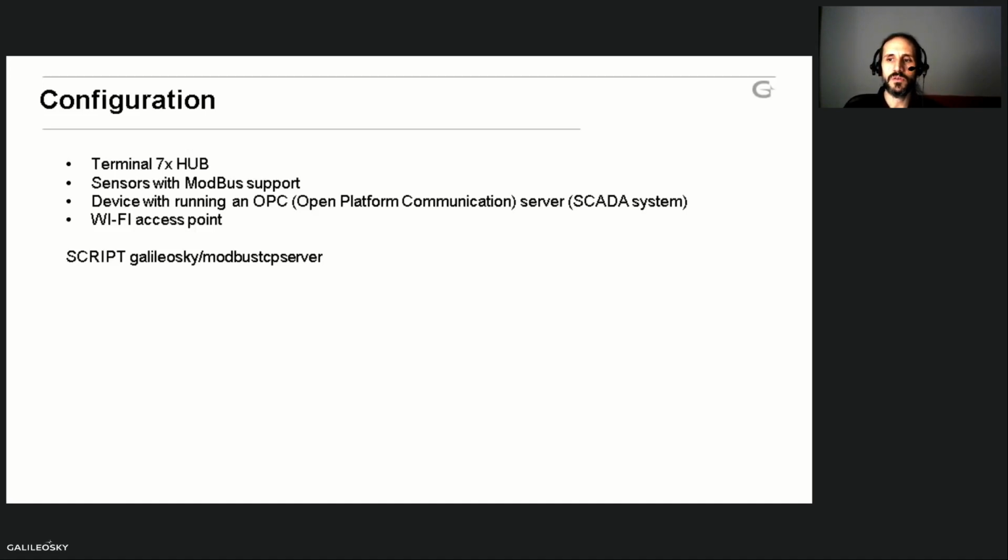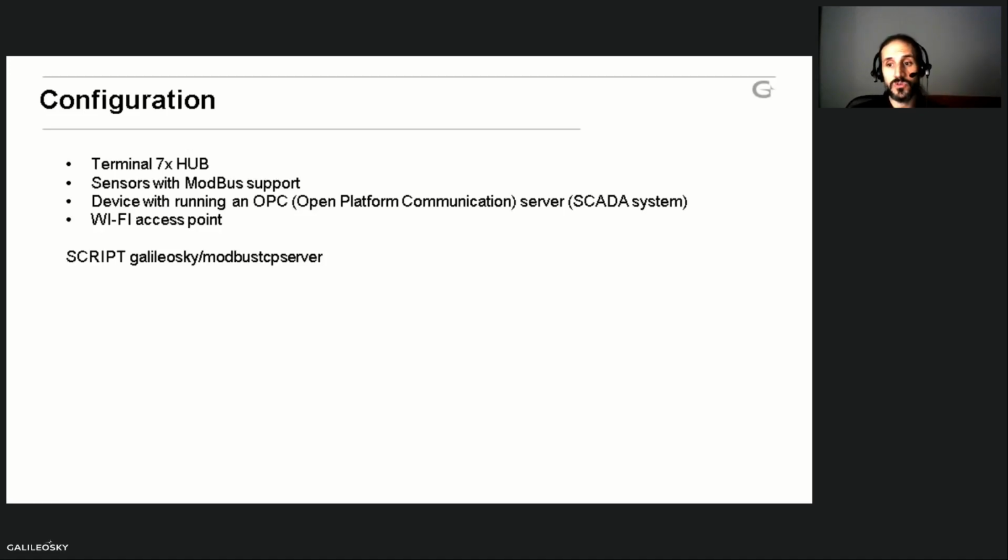And we need a device running an OPC, Open Platform Communication server, for example a SCADA system, as you can see here, to get the data coming from the RTU bus on the other side of the network. And also we need a Wi-Fi access point, of course, to communicate the data coming from the other part of the network and work as a gateway, connecting the Wi-Fi network to the device.